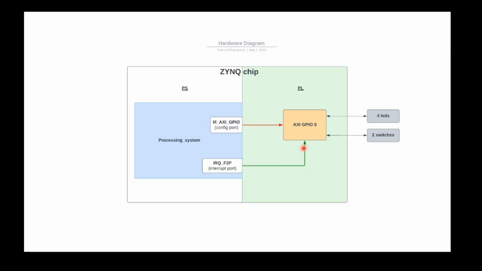Even though in the poll mode we won't use this interrupt path signal connection between the AXI GPIO and the processing system, we set it up in case we want to use the interrupt mode software. So with this hardware diagram, we can start to design our hardware in Vivado.